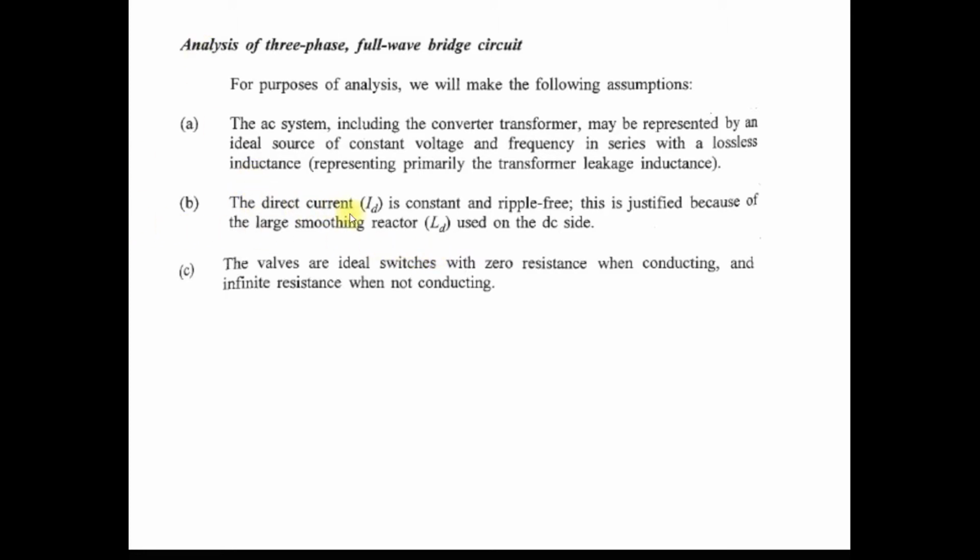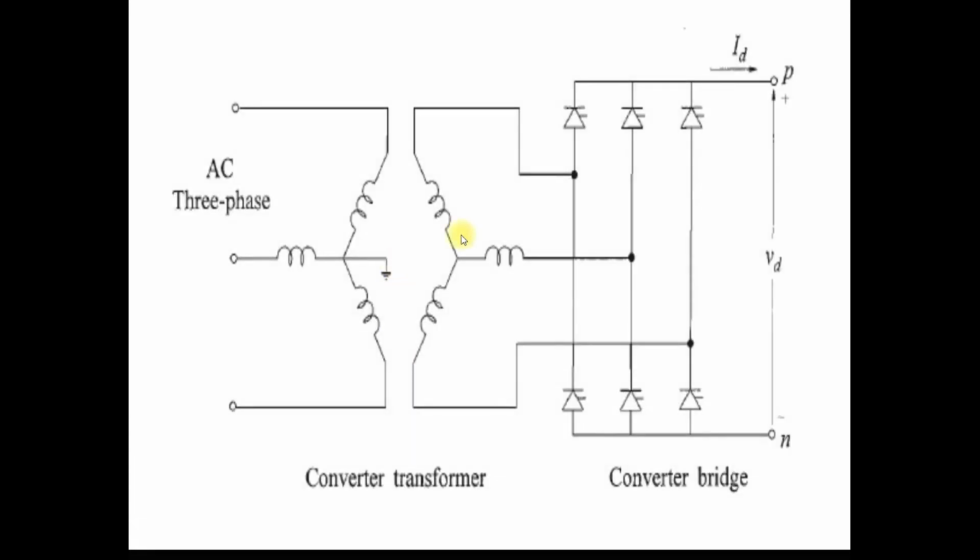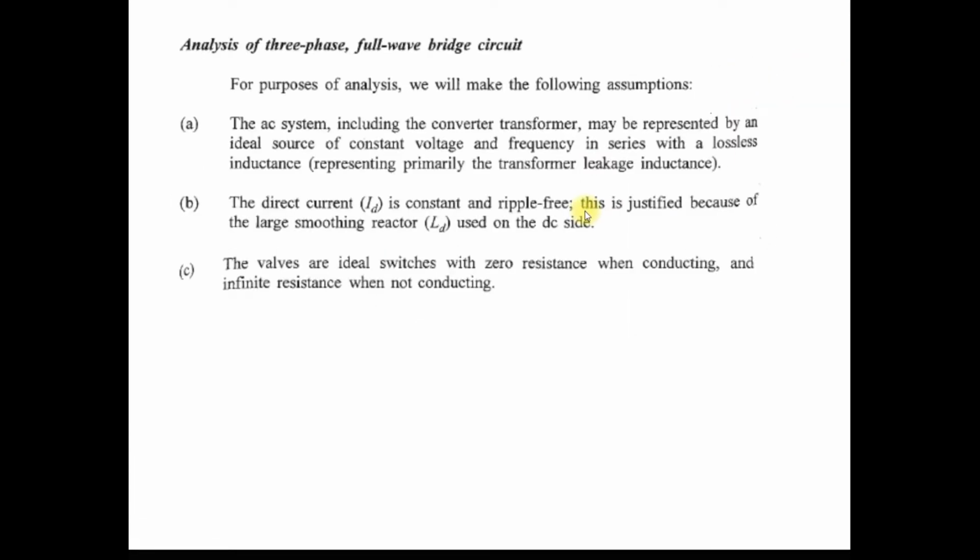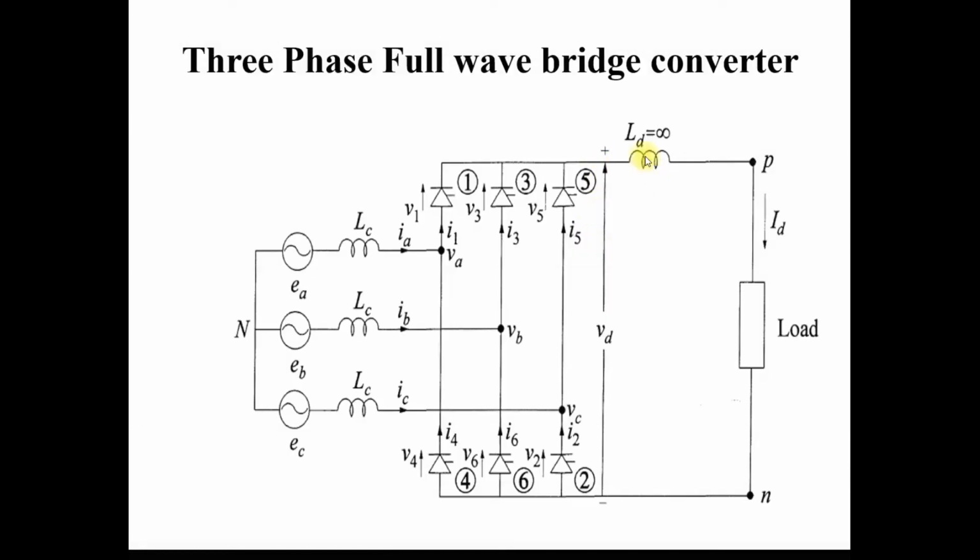Second assumption: the direct current ID is constant and ripple free. This is justified because of the large smoothing reactor used on the DC side. As we know, in the HVDC system at the DC side we use a large smoothing reactor, as you can see in this second figure. The purpose of using the large smoothing reactor is to smooth out the ripple, to reduce the ripple magnitude.